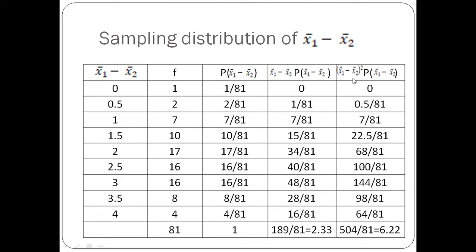Next, the last column is the square of the differences multiplied by the probability of the differences. We take the square here and then multiply with the probability. So you get this, and the final answer is 6.22.